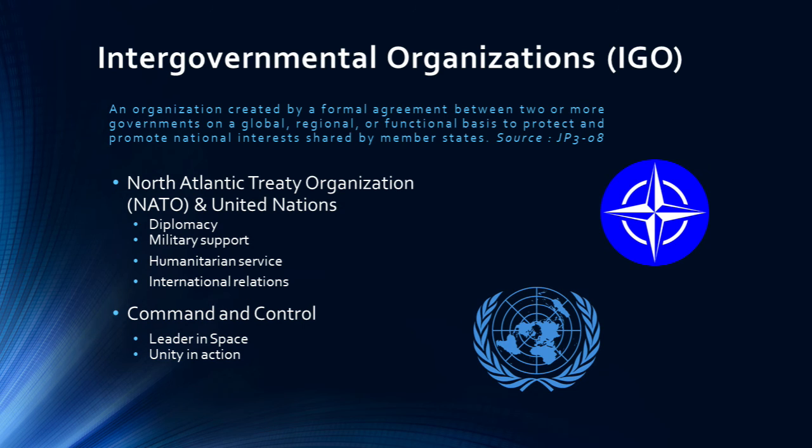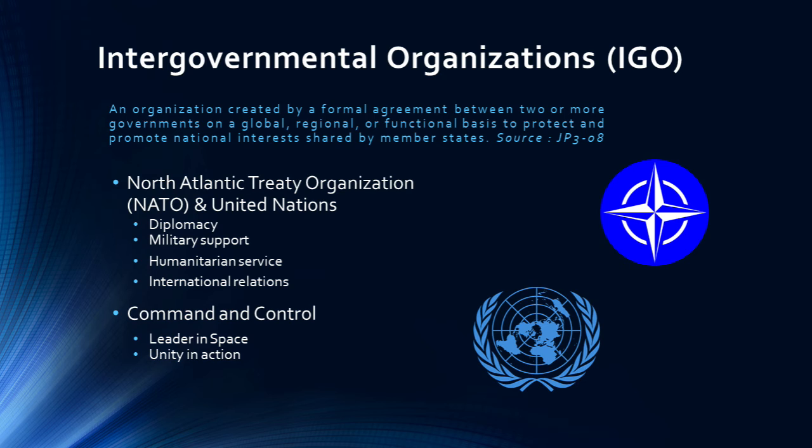The two largest and most well-known intergovernmental organizations that the U.S. belongs to are the North Atlantic Treaty Organization and the United Nations. The North Atlantic Treaty Organization, or NATO, consists of 30 countries whose mission is to protect freedom through political and military alliances. The United Nations is an intergovernmental organization that focuses on diplomacy and international care.